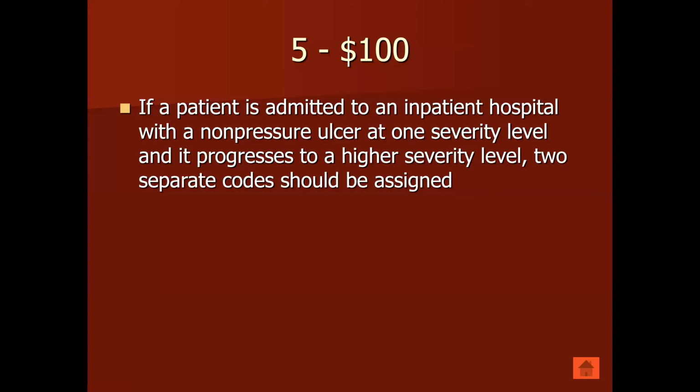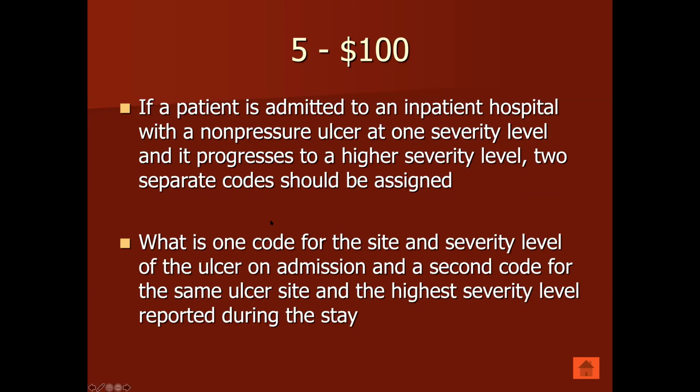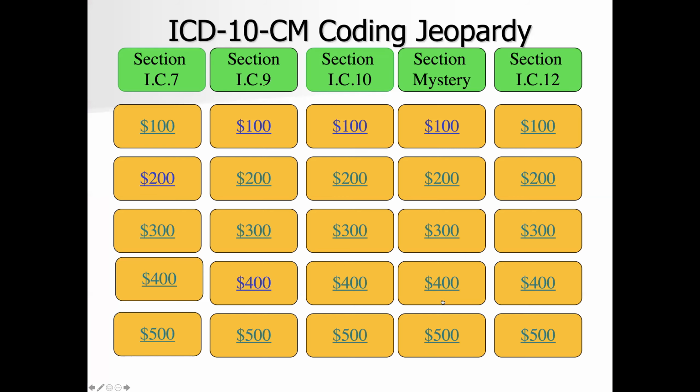One code for the site and severity level of the ulcer on admission, and the second code for the same ulcer site and the highest severity level reported during that stay. That is correct for Sheila. That was a lot. All right, next up.